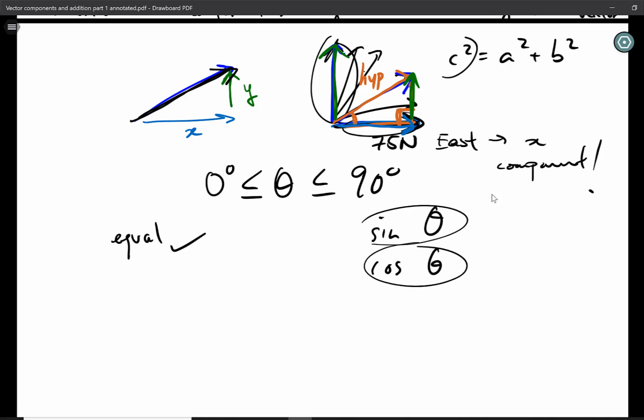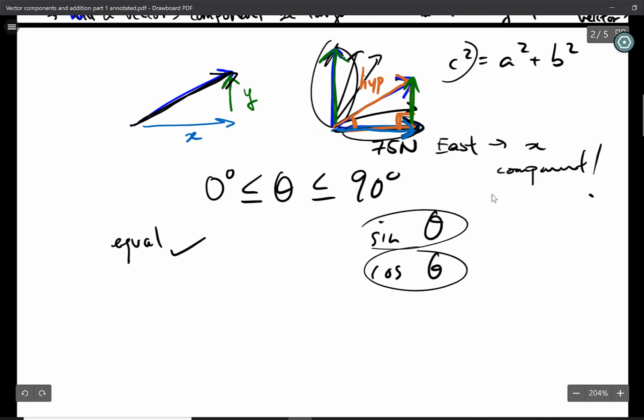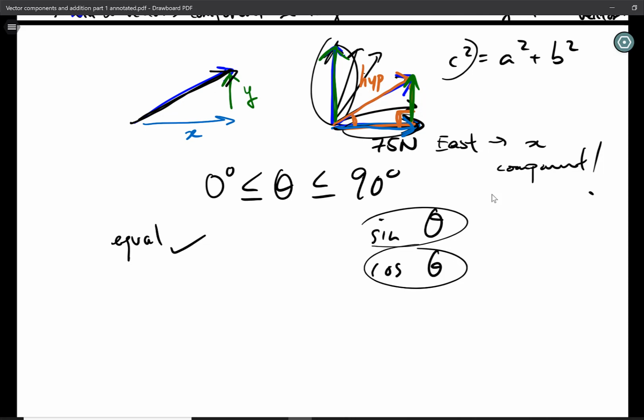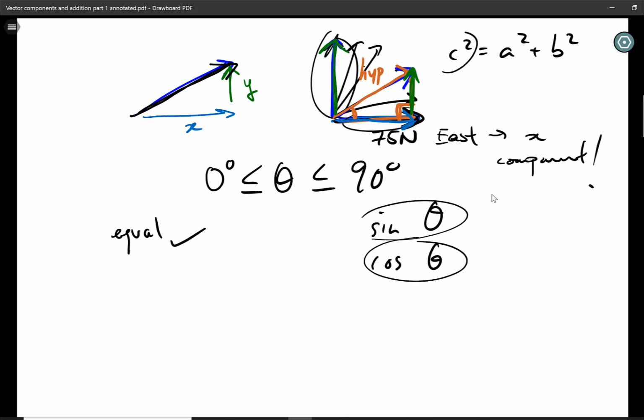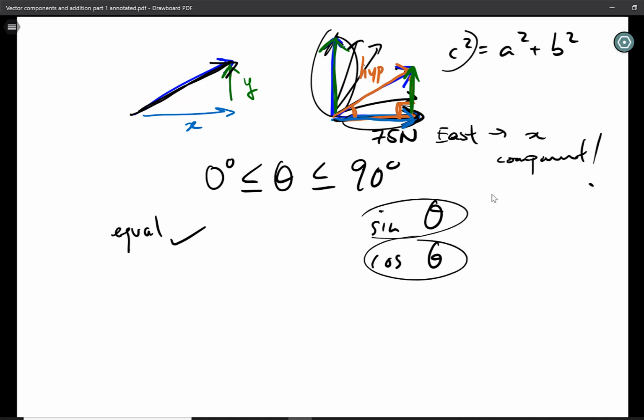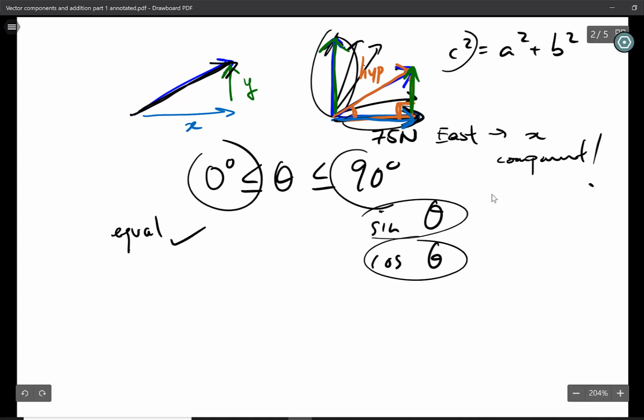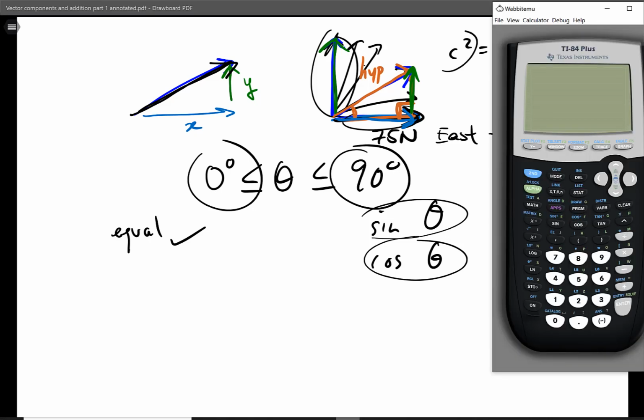And in order to get a larger number than the original magnitude, you would have to multiply by a number that is greater than 1. So let's check cosine theta and sine theta from 0 degrees to 90 degrees and see if we get any number greater than 1. Let's check the extremities first.